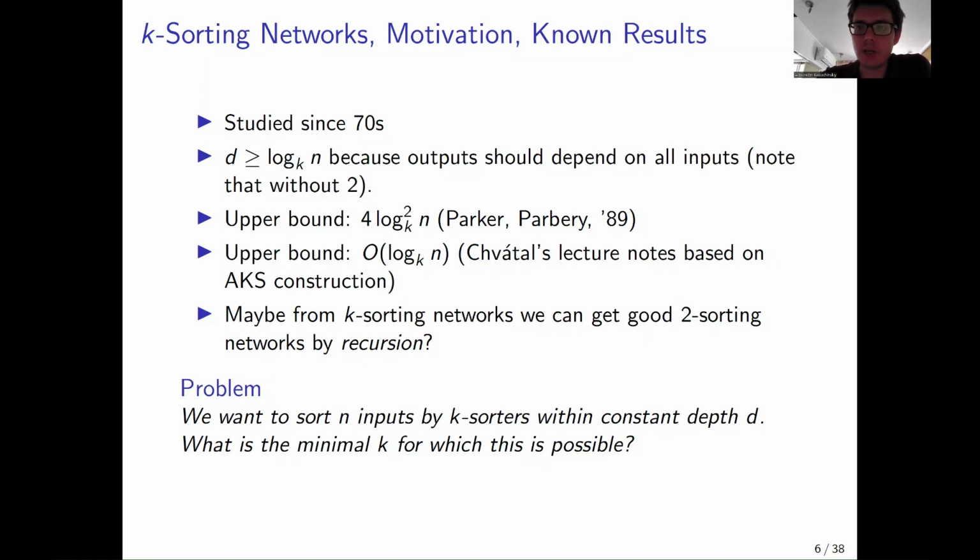Okay, so what we are actually doing in this work, we are interested in the following question. Let's say I fix d. I say that d is some constant, let's say 3 or something. And then I study the following question. I know that I can use only 3 layers, say, of these k-sorters. Then how large k should be if I want to sort n inputs? So this is our problem.